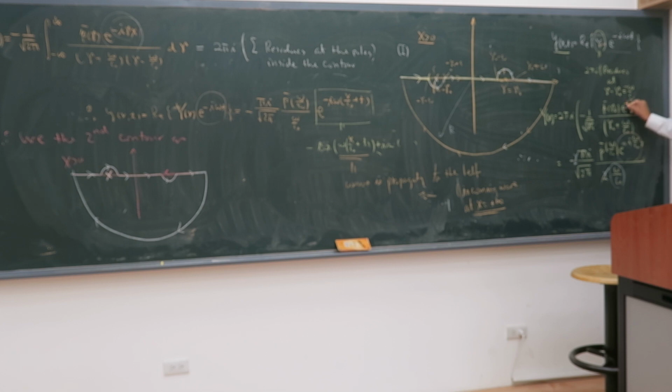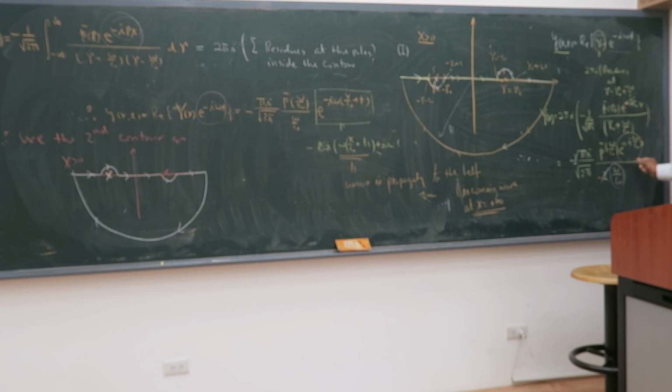And this gamma minus is plus. And this is minus, right? The residual minus. So minus 2.